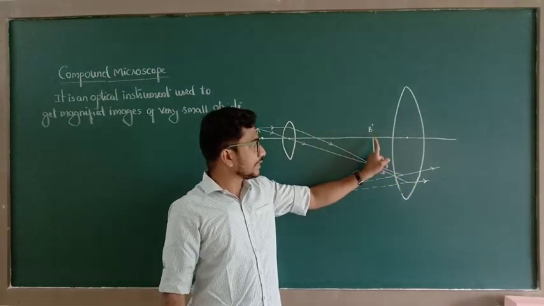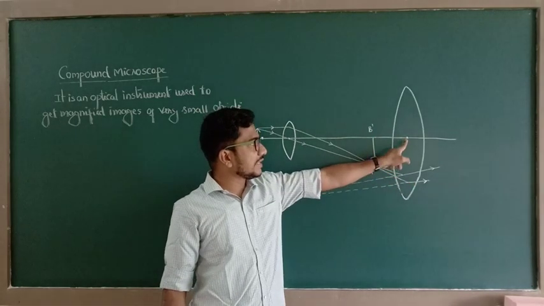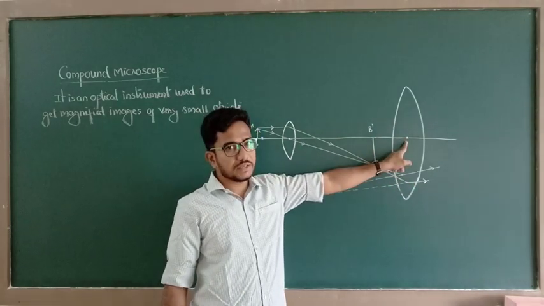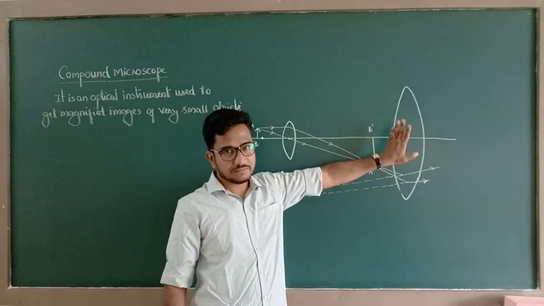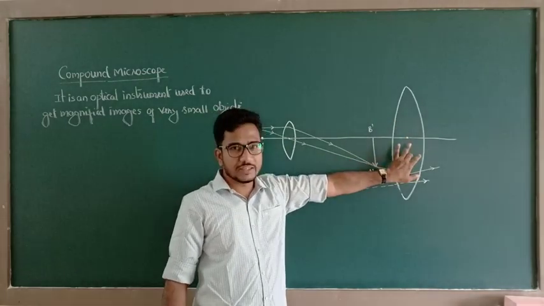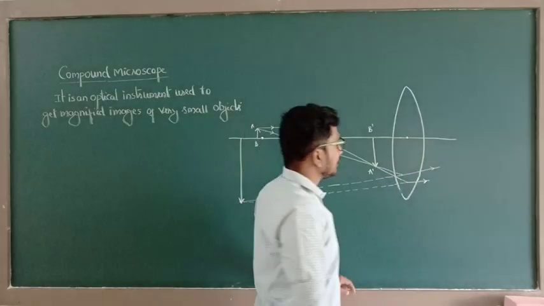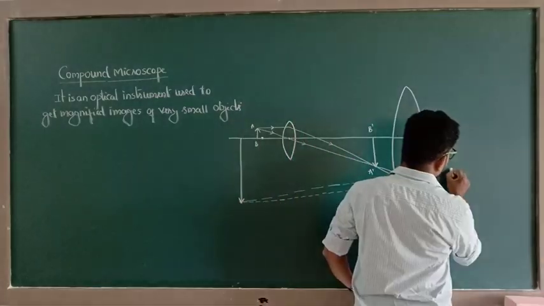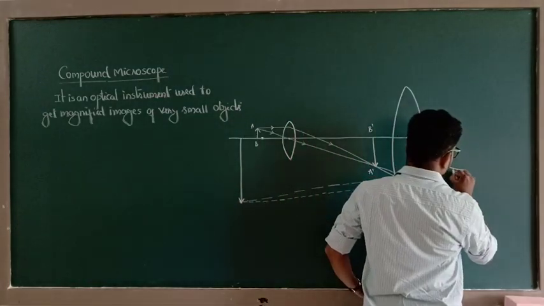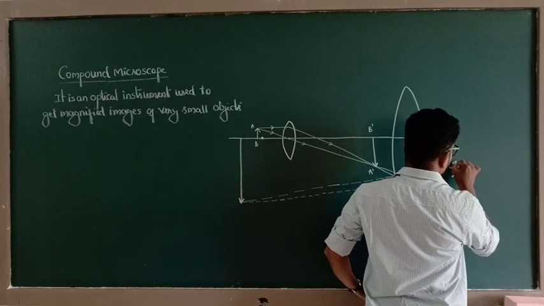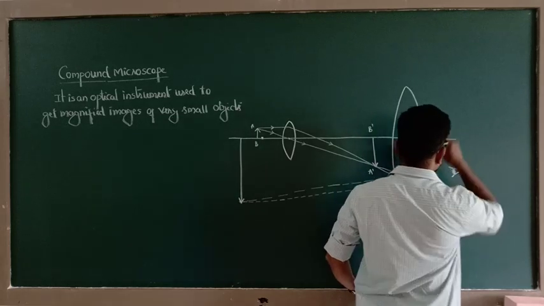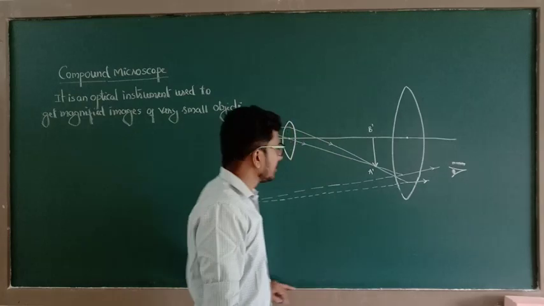Now, the distance between the object and the optical center of the eyepiece. So this is the eyepiece, because this lens is near to the eye, and hence it is known as the eyepiece.